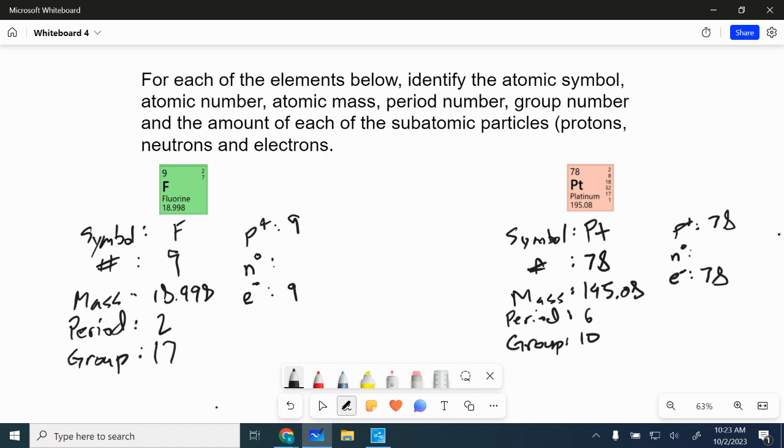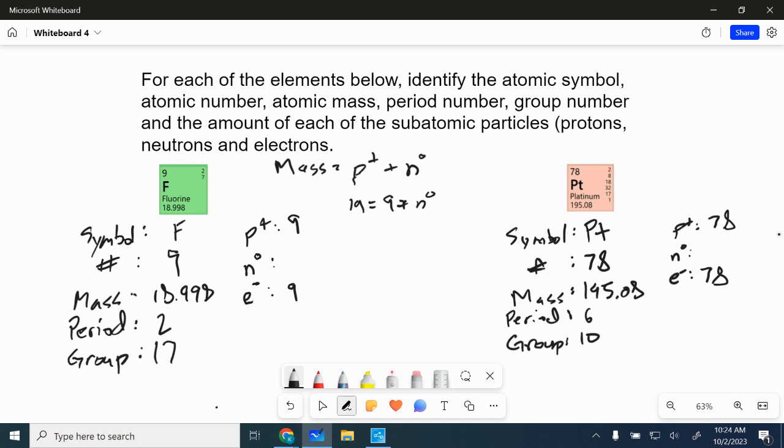And for neutrons, it's a little bit more complicated because for the neutrons, you have to know the mass and the number of protons and do a little bit of a calculation. Remember, the mass is equal to the number of protons plus the number of neutrons. So if we take the mass and round it to the nearest whole number, we have 19 equals the number of protons, which is 9, plus the number of neutrons, which we don't know.